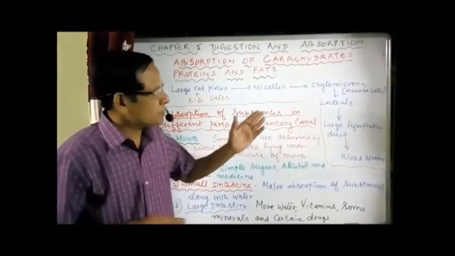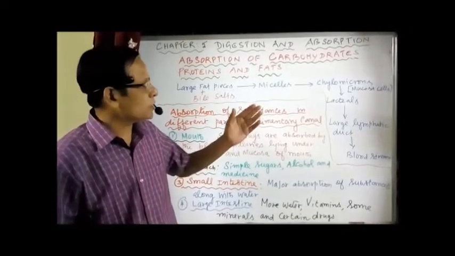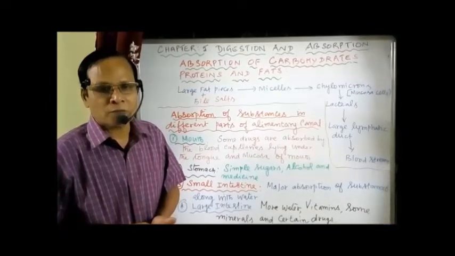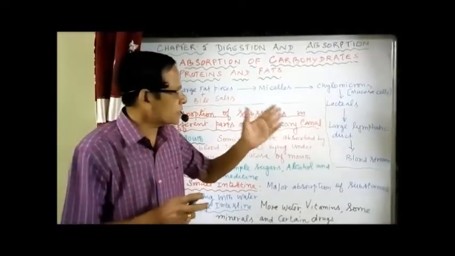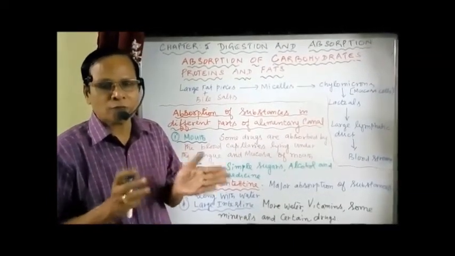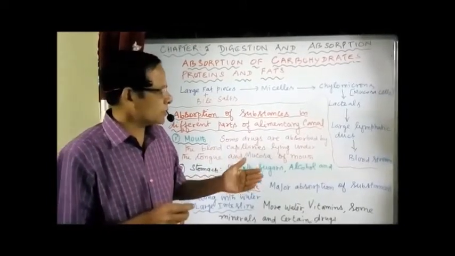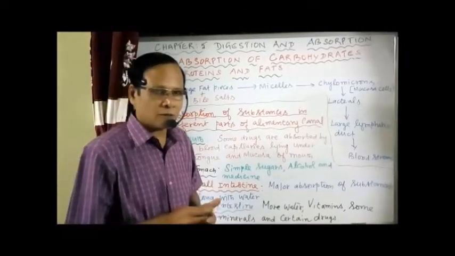They enter the intestinal mucosa, where they are resynthesized to form fat globules called chylomicrons. The chylomicrons, by exocytosis from the epithelial cells, enter the lymphatic duct, namely the lacteals. The lacteals join together from different villi to form a large lymphatic duct, which ultimately enters the bloodstream. This is what I described earlier.